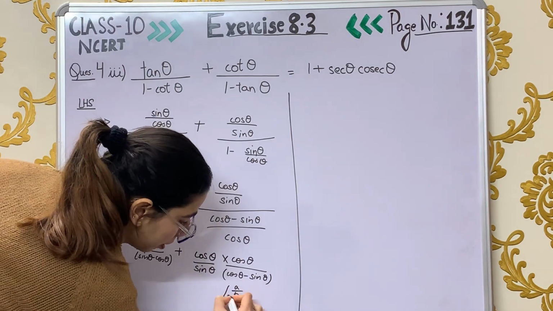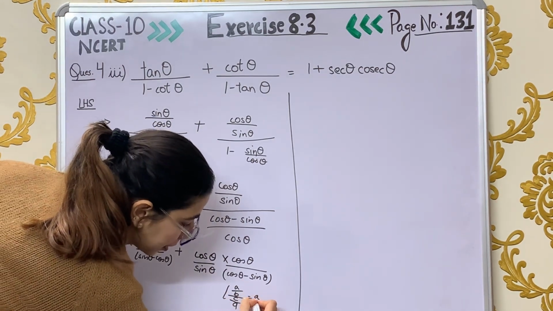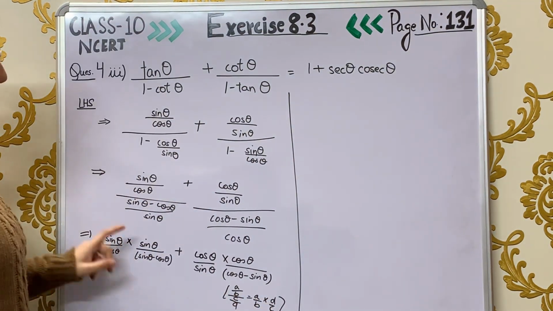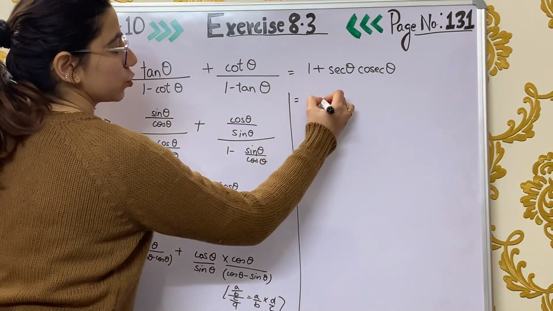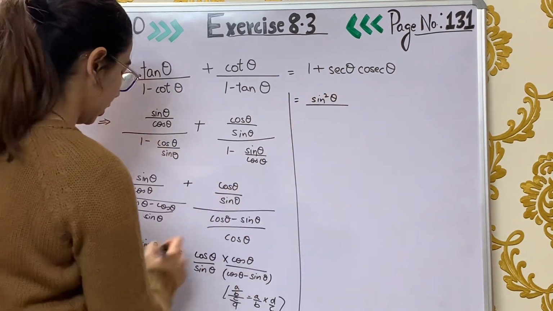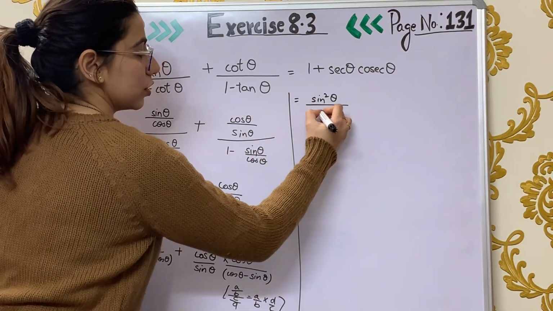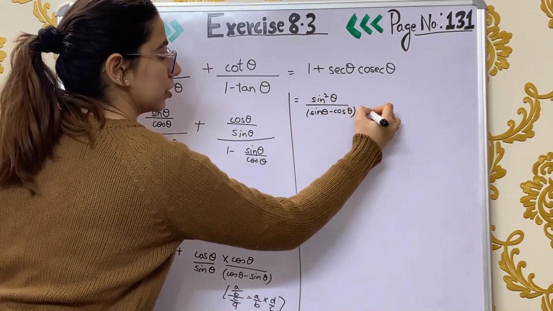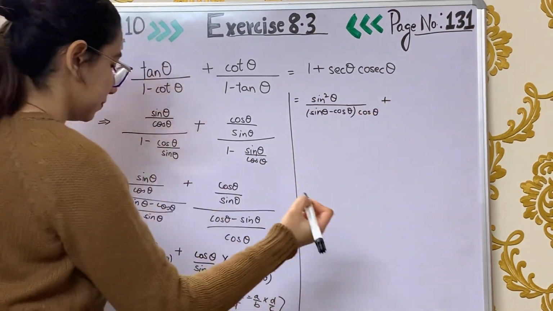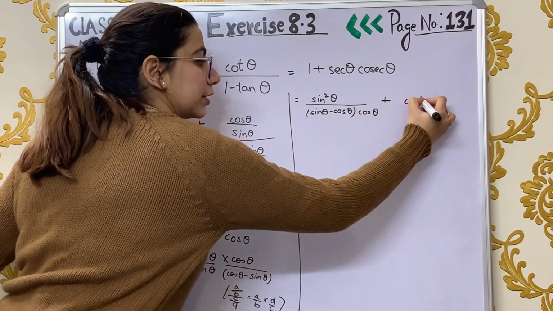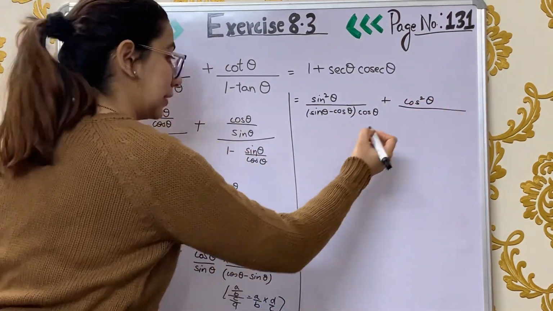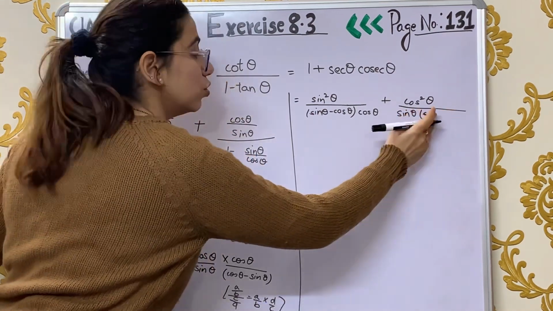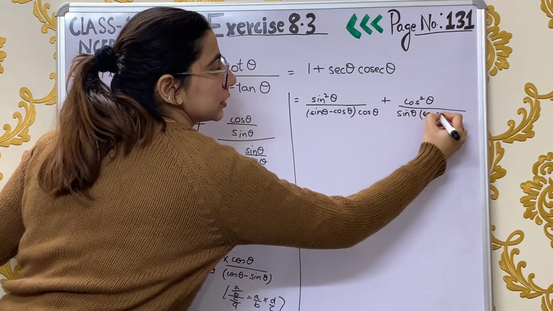A by B upon C by D is equal to A by B into D by C, right? So the numerator here becomes sin square theta upon sin theta minus cos theta into cos theta, right? And the other term becomes cos square theta upon sin theta into cos theta minus sin theta.